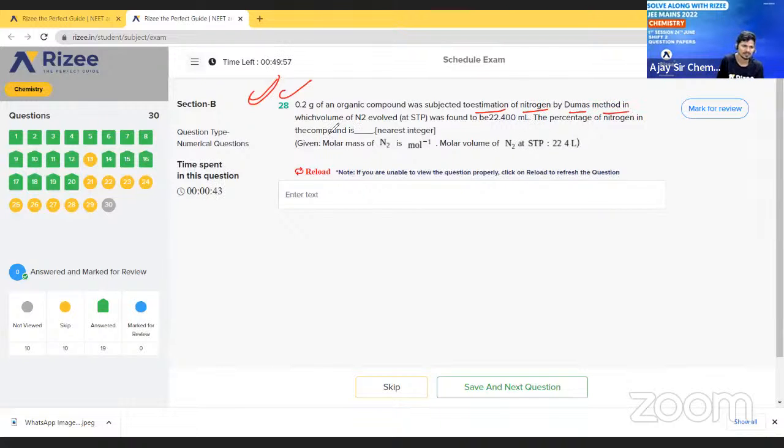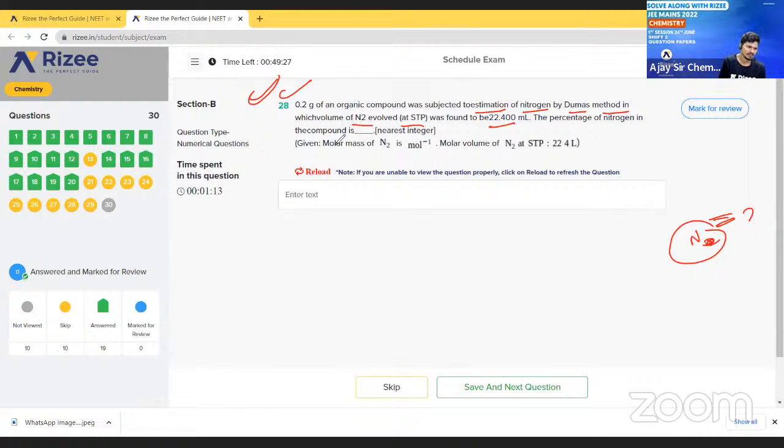The N2 evolved at STP was found to be 22.400 ml. They are asking the percentage of nitrogen in the compound, only nitrogen.